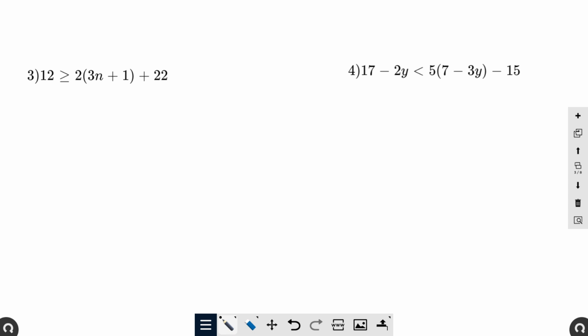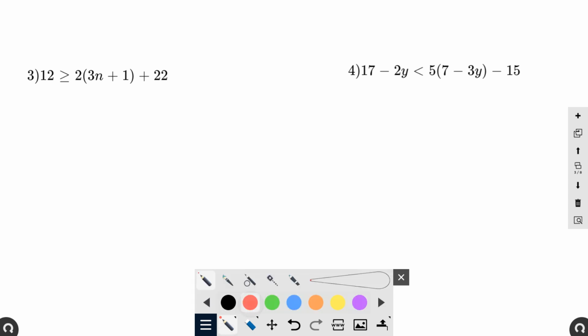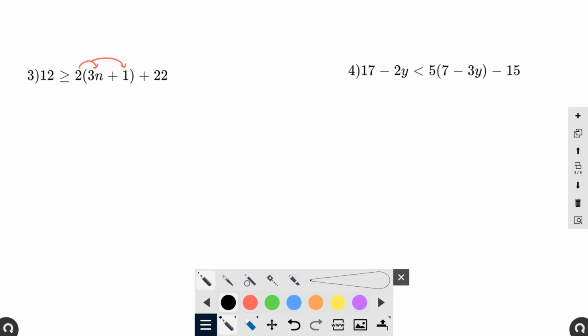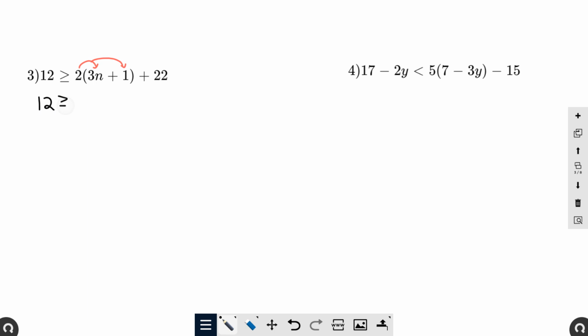What would we do first? Good. Let's distribute that 2. Leave everything exactly how it looks in the same spot. It'll make things easier. So let's just distribute that 2. We get. Good. Just bring down that plus 22. Combine up your like terms.